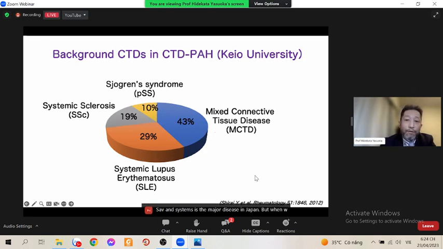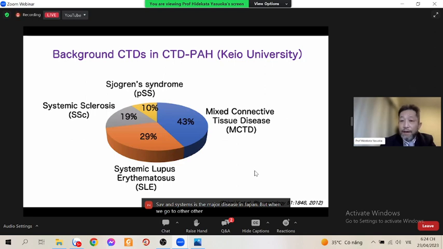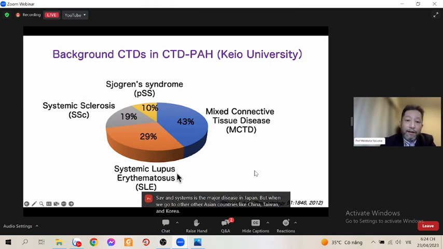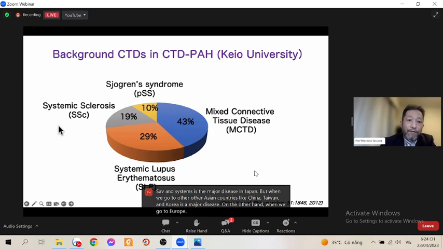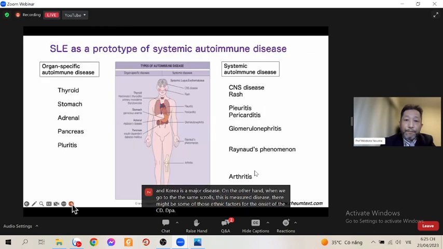But in other Asian countries like China, Taiwan, and Korea, SLE is the major disease. On the other hand, in Europe, systemic sclerosis is the major disease. So there might be ethnic factors in the onset of CTD-PAH.